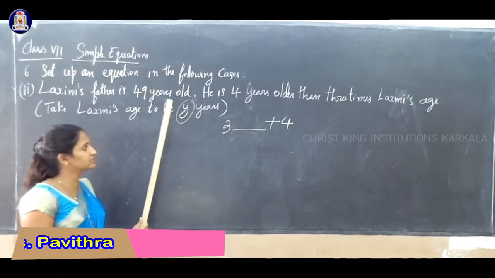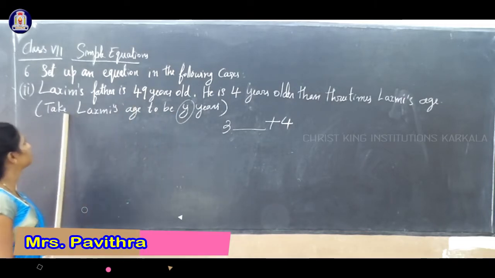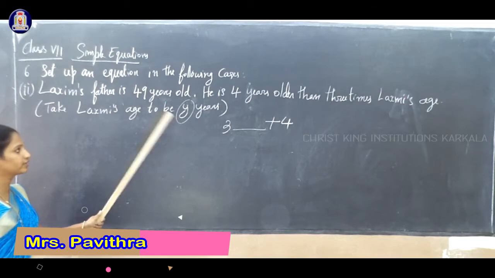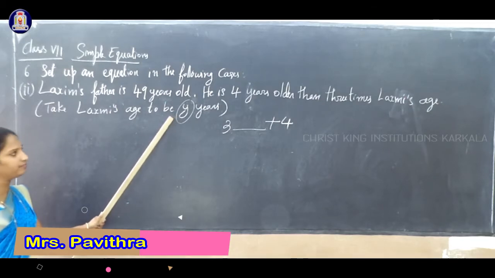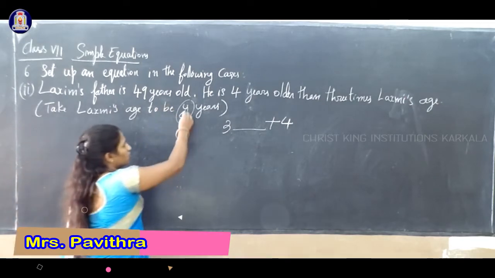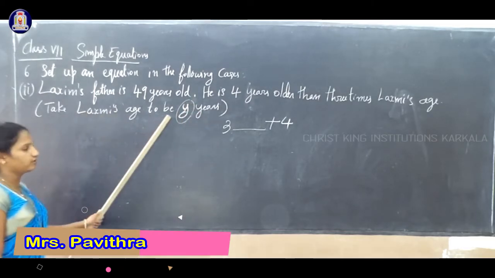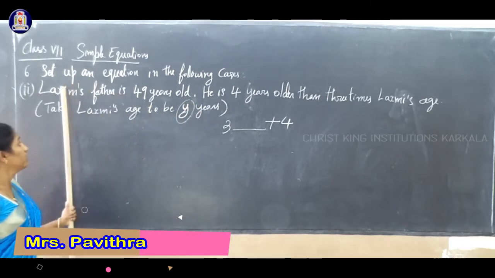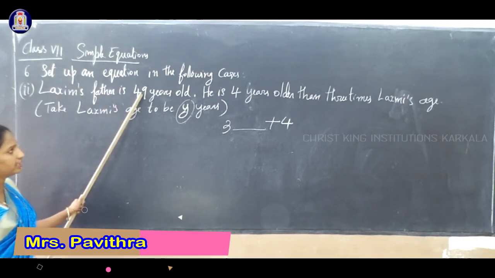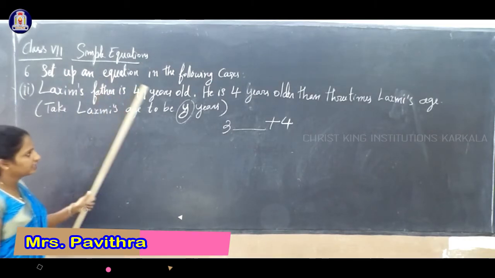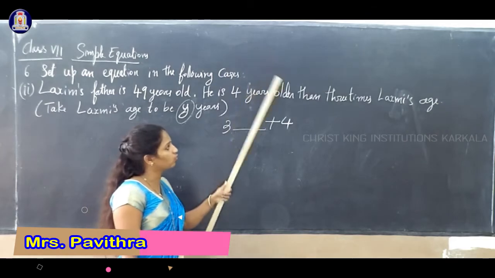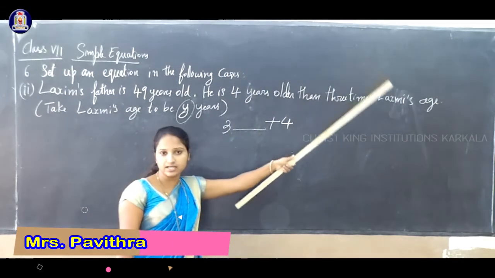We can consider any variable that is already mentioned in the question. We have to consider the same variable. So your variable is Y, the age of Lakshmi. Father's age is 49 years. He is 4 years older than 3 times Lakshmi's age.